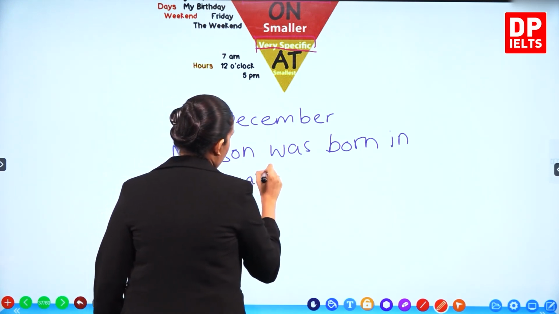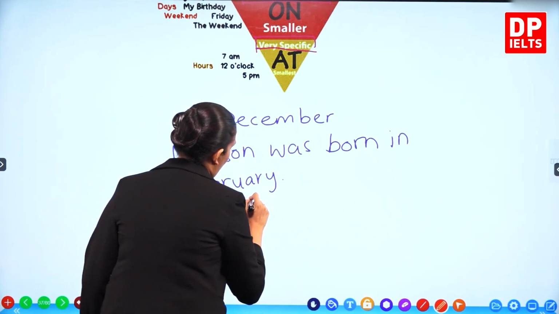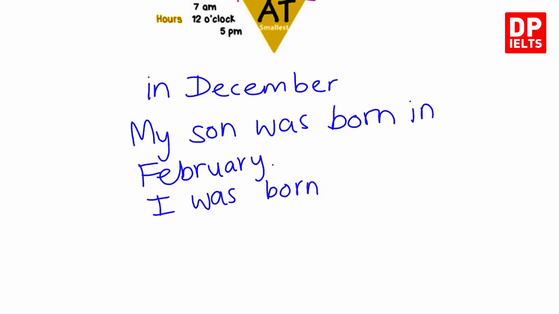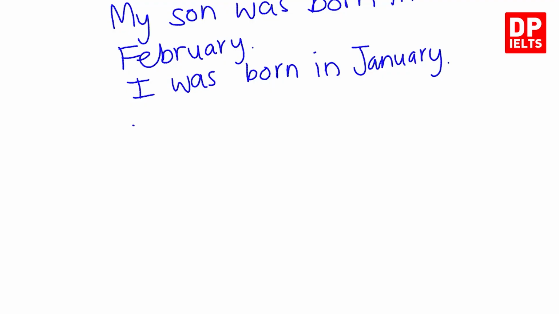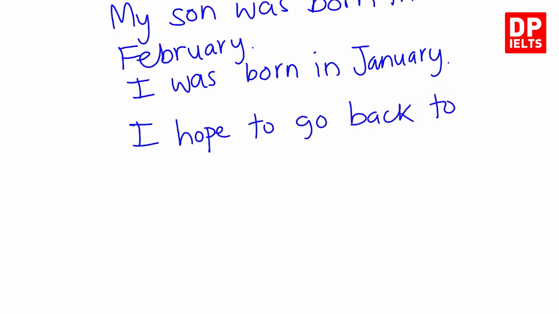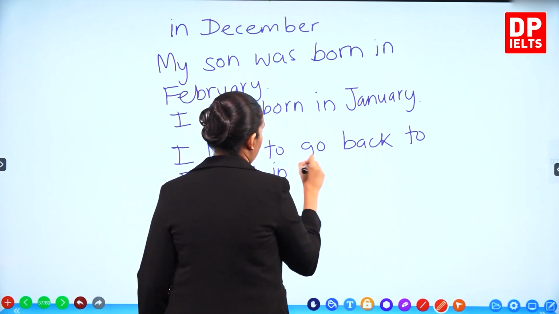You can say, I was born in January. Or you can say, I hope to go back to England in September.